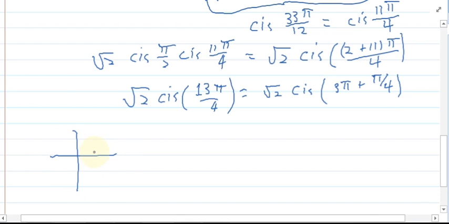Pi, 2 pi, 3 pi. So 3 pi is here. 3 pi plus pi over 4 is over here. So in fact, cis of 3 pi plus pi over 4 is the same as cis of 5 pi over 4. So this is equal to the square root of 2 times the cis of 5 pi over 4.